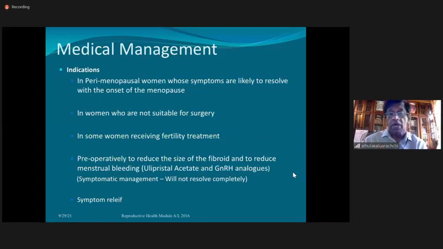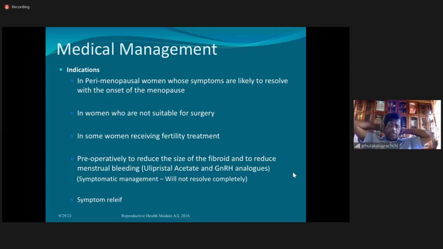I said you can use medical management with various medicines, and all these medicines are directed to reduce the symptoms that the patient is having. You can use medical management in the perimenopausal period, managing for 3-4 years until she attains menopause. Of course, if they are not fit for surgery, or if they are on fertility treatment, you can temporarily use medical management.